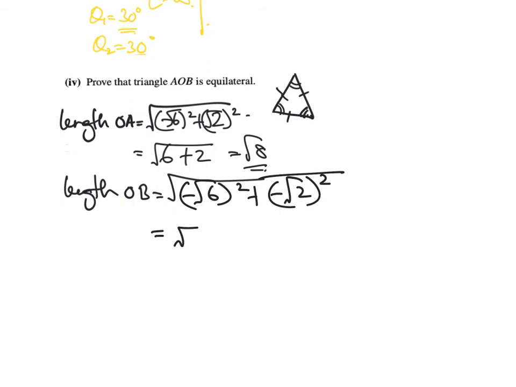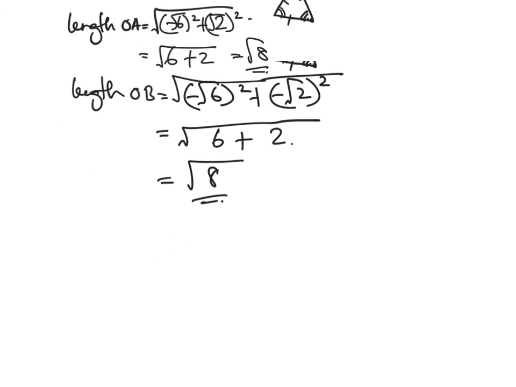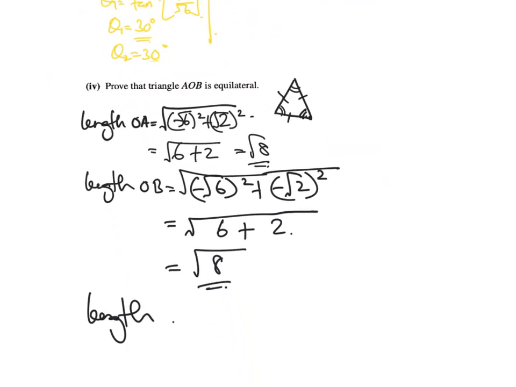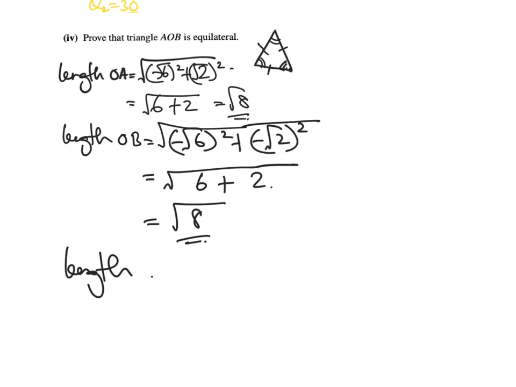So √6 squared is 6 and √2 squared is 2, so your answer is square root of 8 again. Finally, the length of A to B. If that's also √8, then that shows that this triangle is indeed an equilateral triangle.